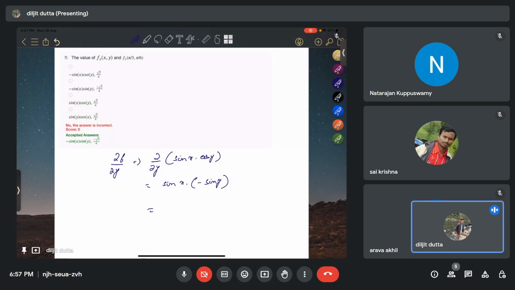Sin 60 is root 3 by 2 and sin 30 is half. So the answer is minus sin x sin y, which is minus root 3 by 4.